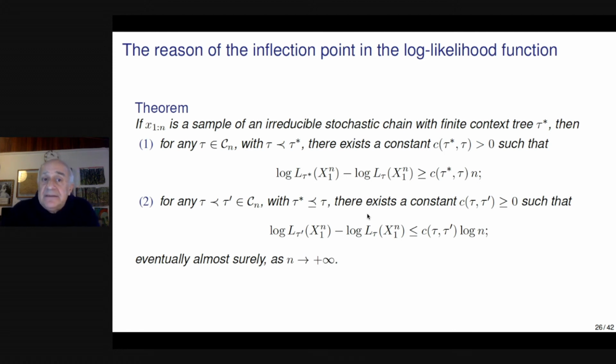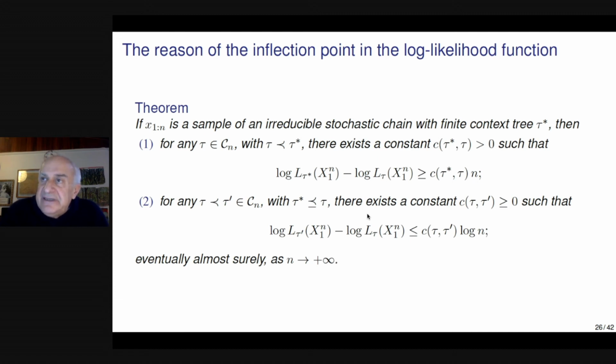On the other hand, if you have two champion trees, tau smaller than tau prime, and tau greater or equal to tau star, which is the correct one, then the difference between the log likelihood associated to tau prime and the log likelihood associated to tau, which is smaller, is positive, but it is smaller than a constant times log n.